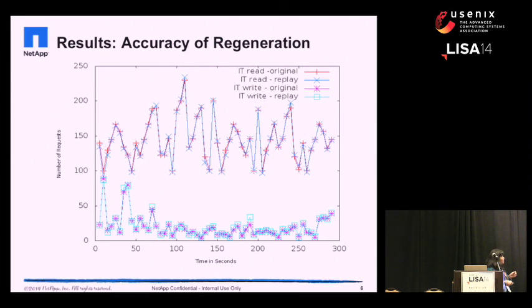This is a period of 300 seconds, and this is the number of requests issued in each second, and we overlay the red with the blue. The blue one is the regenerated reads. This is how we were able to recreate the pattern of reads. Of course, the configuration in this case was exactly the same as the configuration on which we captured the traces. So we were able to mimic it very efficiently, and this is the pattern of writes.